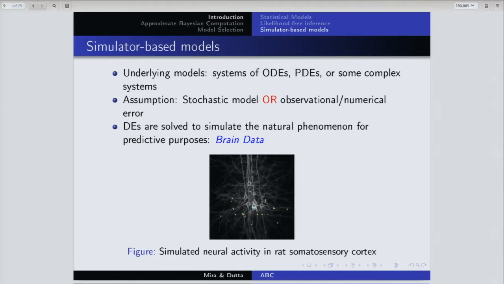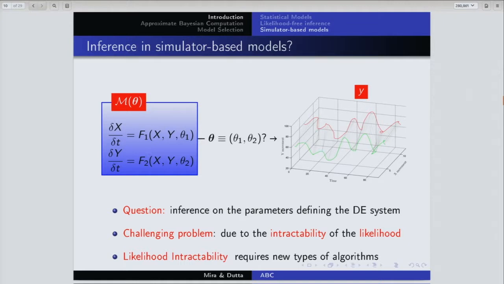And a typical example of a system governed by differential equations is the brain structure, or the way the brain works. And here you see a simulated neural activity of the cortex of a rat. Okay? And this is a picture that is obtained by forward simulation.